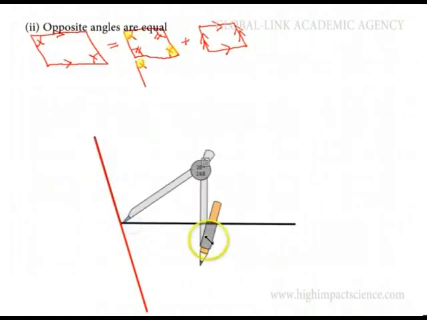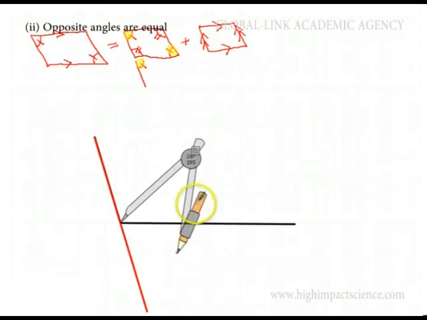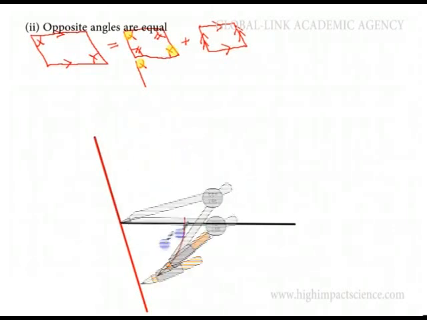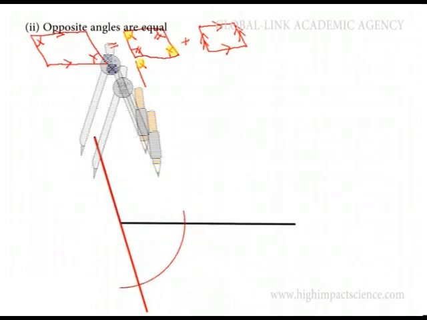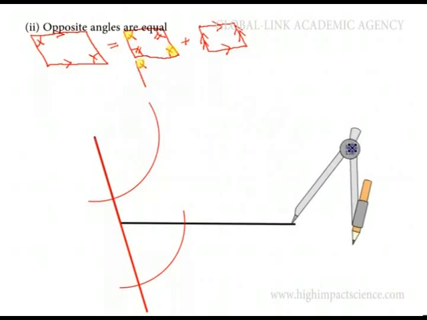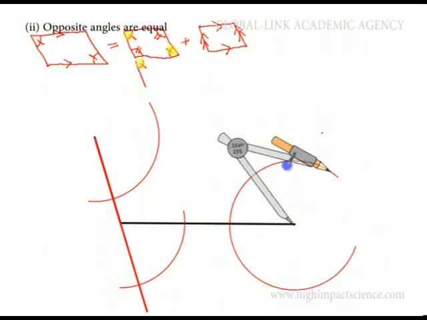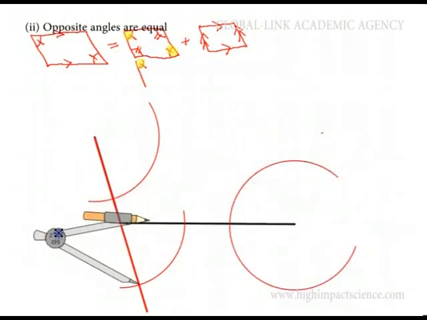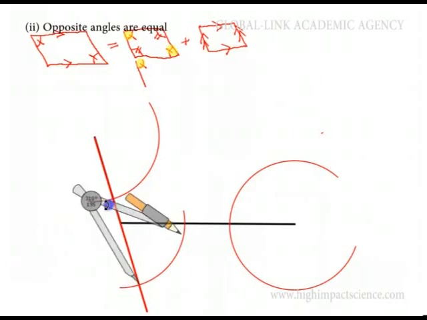Start at the vertex and draw an arc that cuts both the lines. Draw a similar one up here. Then another one here. We just want to do them all at once. Then we measure this distance.